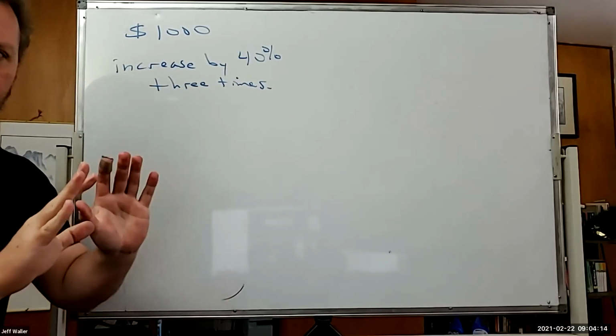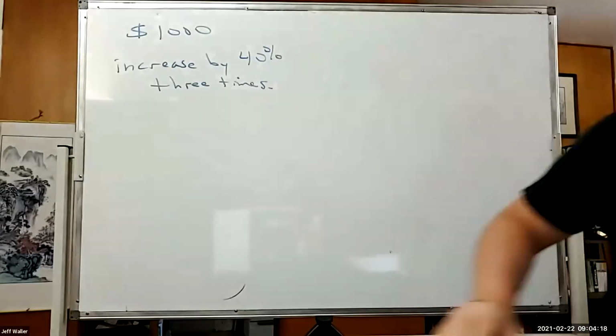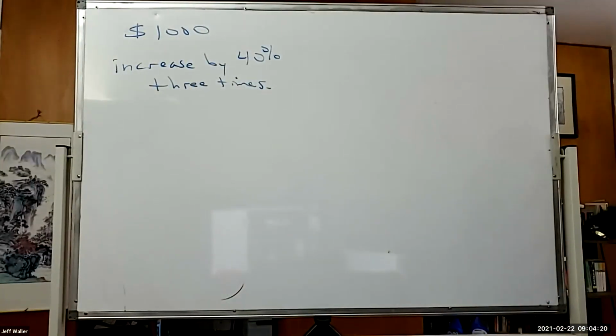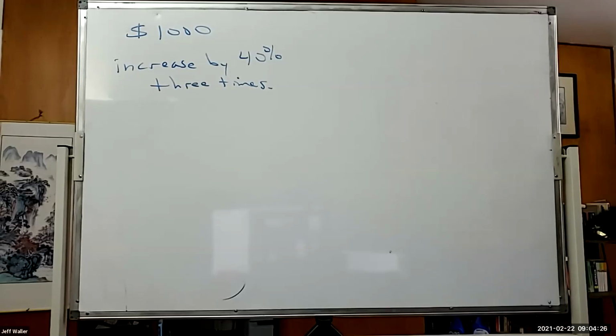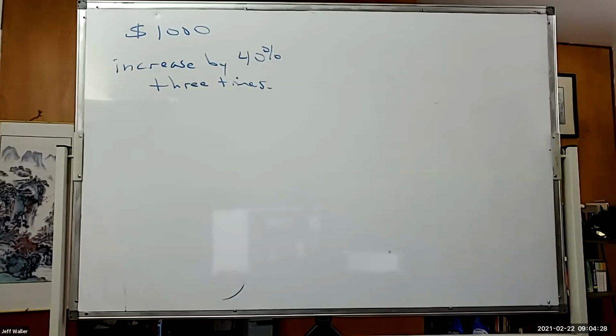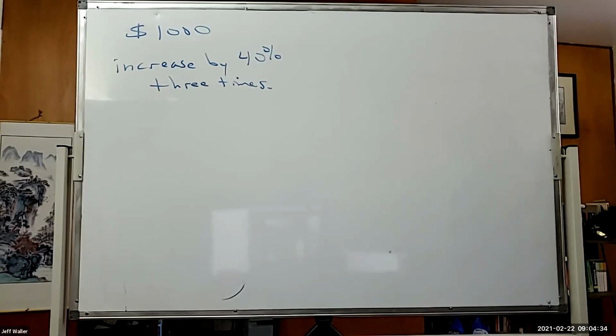Is everybody with me? So I want to apply a 40% increase 3 times. What that means is a 40% increase and then another 40% increase on top of that. Okay, stay with me.